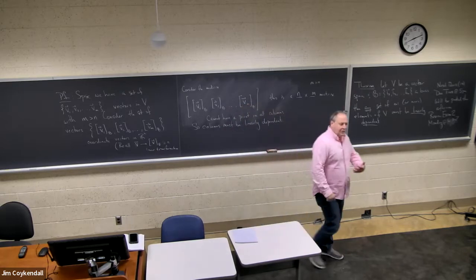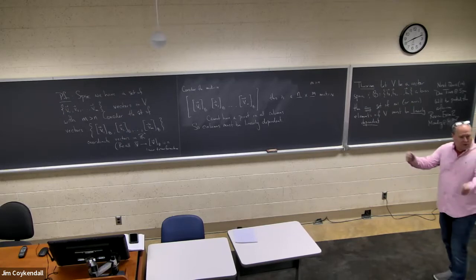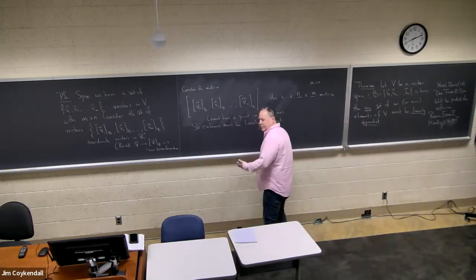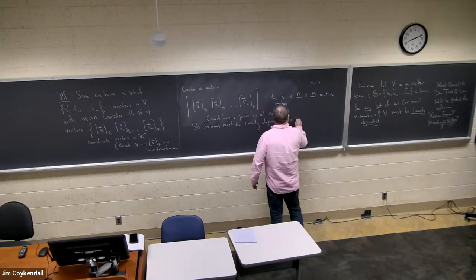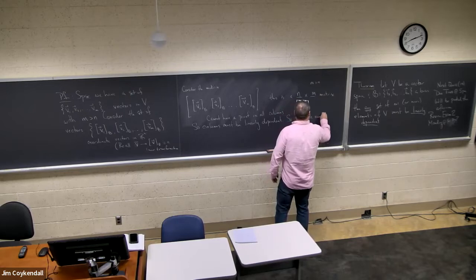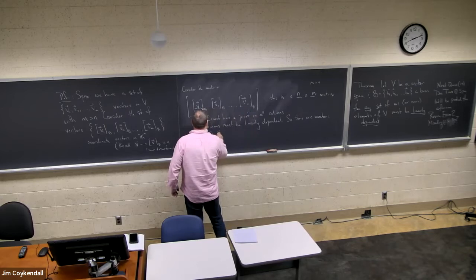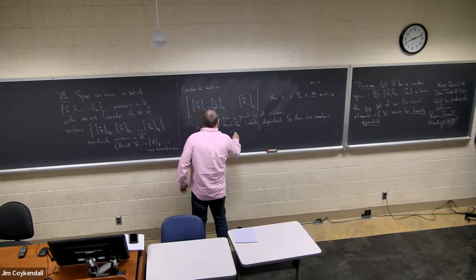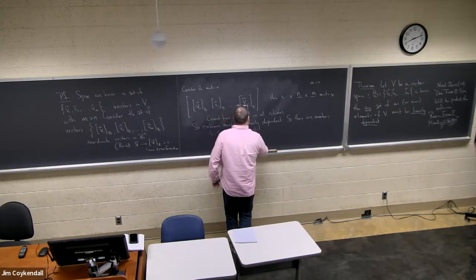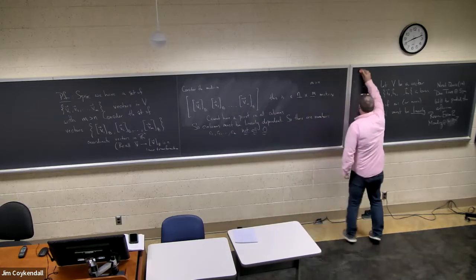And this is actually the turning point. Now that I know the columns are linearly dependent, I can translate that back to the original vector. So what does this mean? There are numbers C1, C2, ..., Cm, not all zero. Some of them might be zero, but I know for sure they're not all zero.